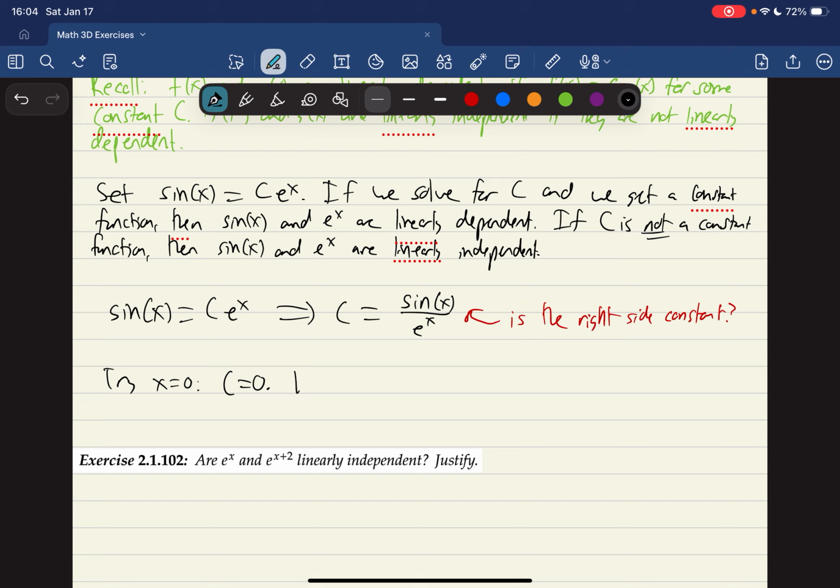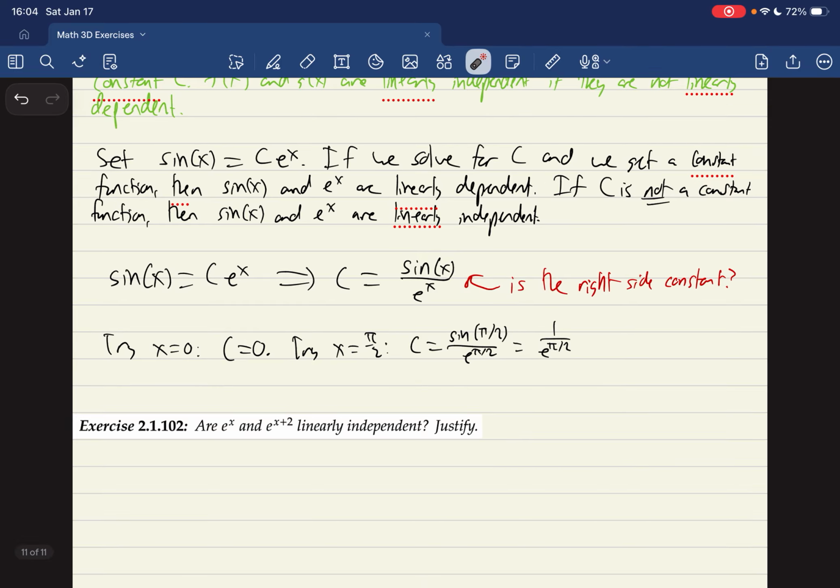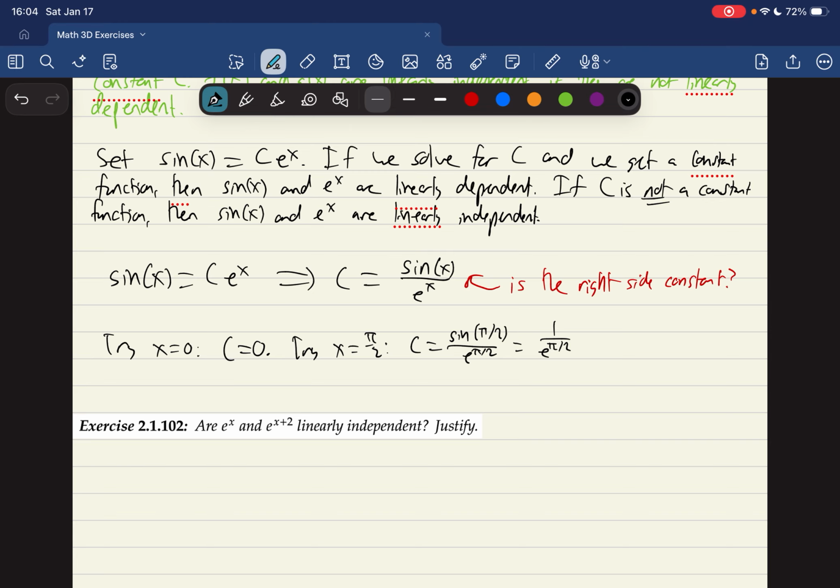On the other hand, if we try x equal to, say, pi over 2, then c is equal to sine of pi over 2 all over e to the pi over 2, which is 1 over e to the pi over 2. And here, because the top and bottom are both positive, remember that e to the x is positive for any x, we see that this is positive.